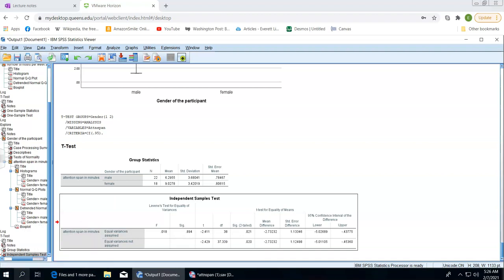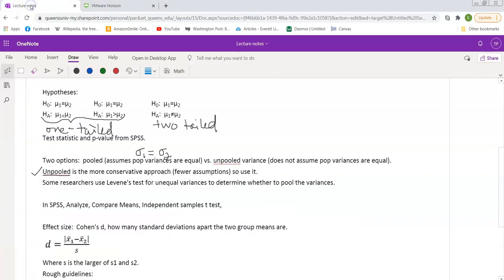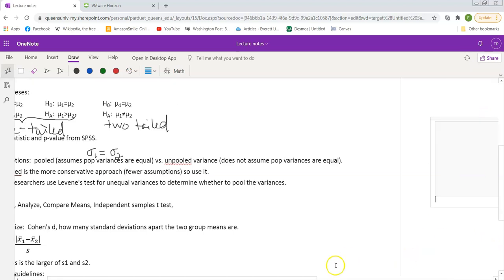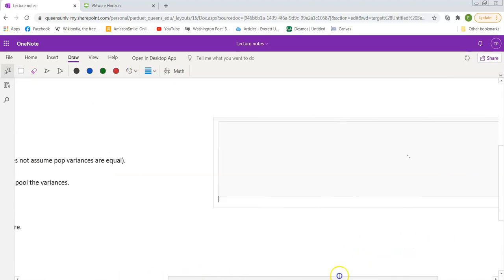I'm going to pause. All right, I had to pause that because the record button was in the way of getting to the snipping tool that I needed. So I'm going to take this and I just did a little snip of the SPSS output so I can write on it.